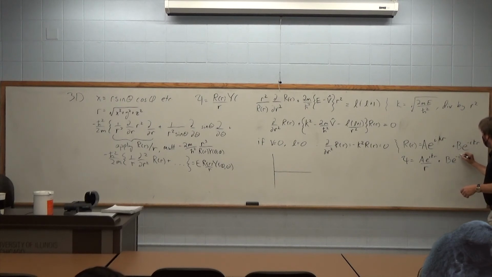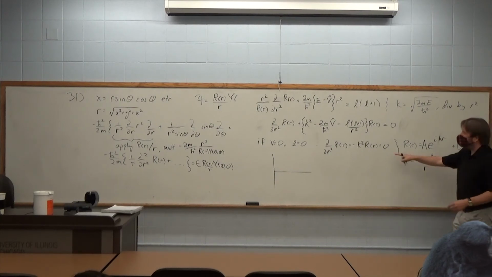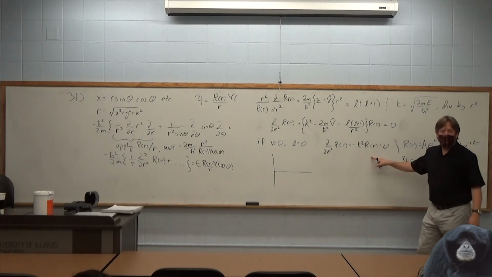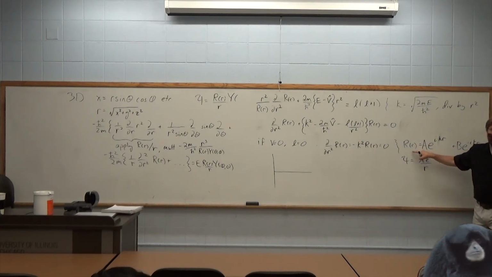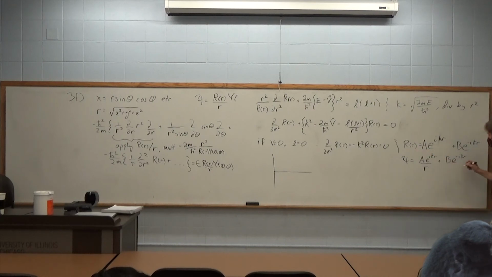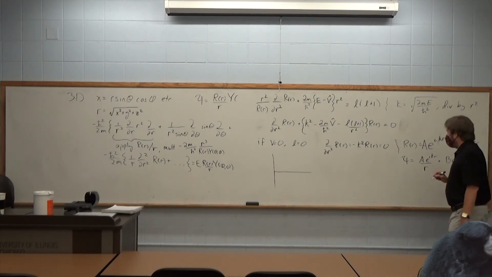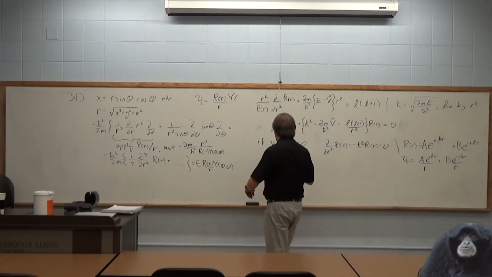You see why I did that, because this was very easy to solve. But capital R is not the wave function. R over r is the wave function. Remember, this is not the actual solution. This was part of the solution, where the other part was 1 over r. Okay, last bit and we're done.